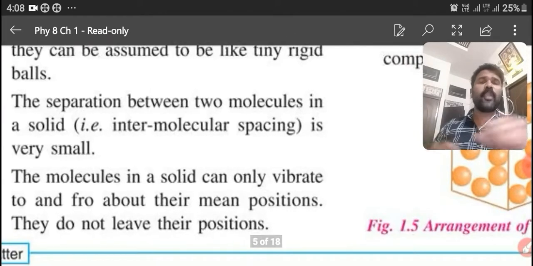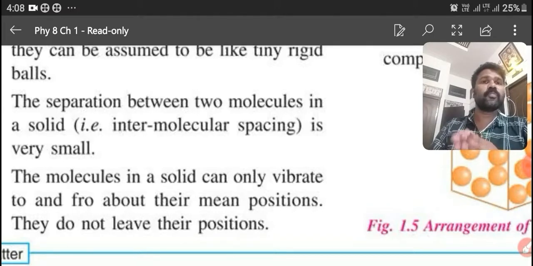The second point of the molecular model of solids is that the separation between two molecules in a solid is very small. The space between the molecules in a solid is very small.